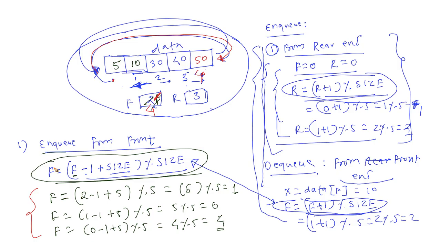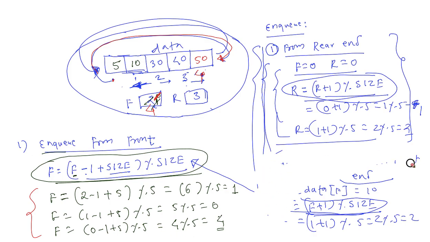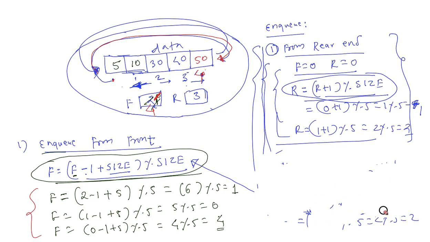Okay, this formula. Similarly, let me create some space here so that I can write on the same page. So f is 4 now and r is 3.